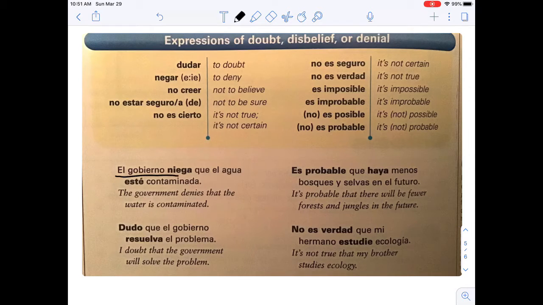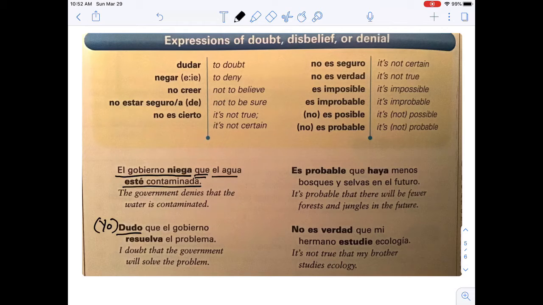So we have here, the government denies, okay, remember that's present tense, that the water is contaminated. So because the government is different than the water as a subject, then we use the present subjunctive in the second half, which we call the subordinate clause. All right? We have I doubt, and again, we don't need the yo.